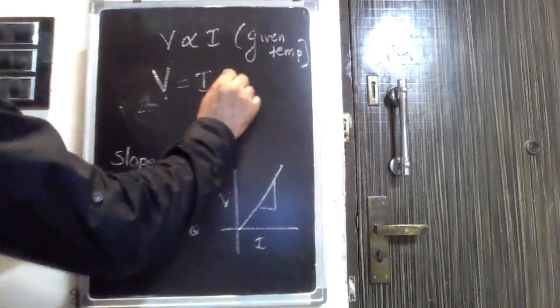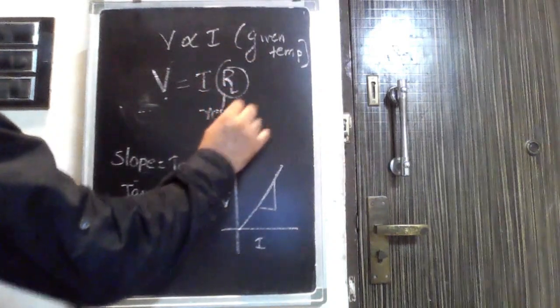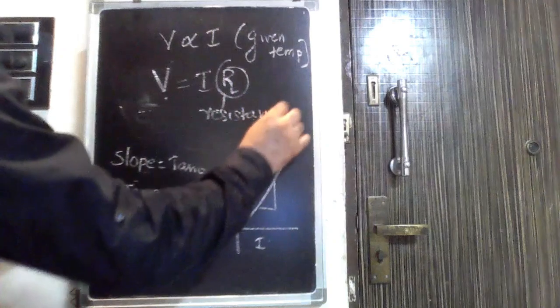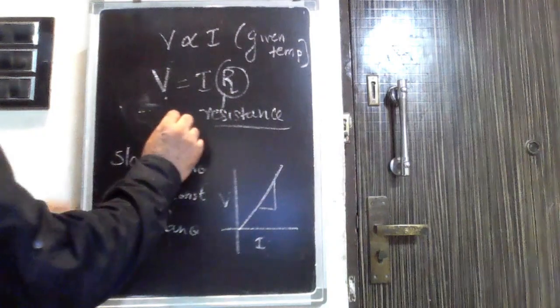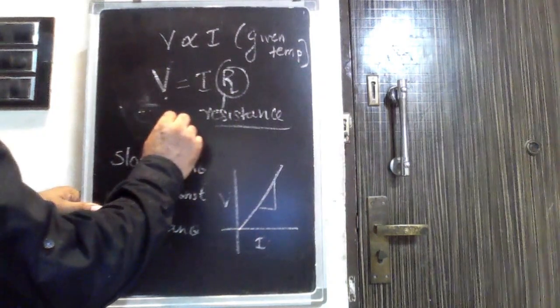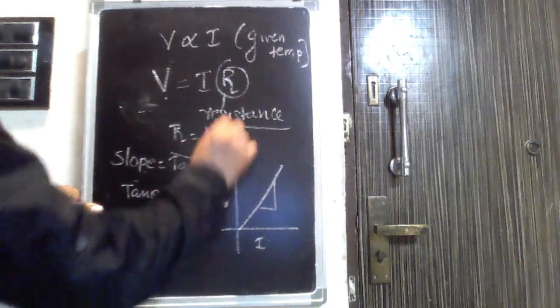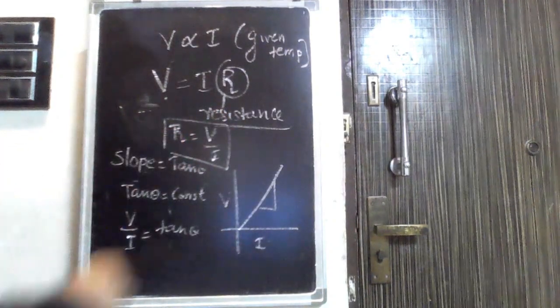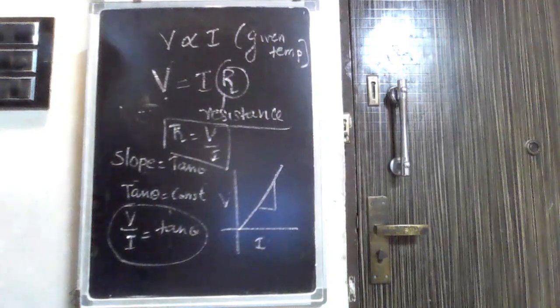Now this constant according to him is called R, and this is called the resistance of a given wire. So he said V and I are proportional, and V is equal to IR, or R will be equal to V by I. So he said this is constant because V by I in this slope is tan theta. It's a slope, it's a constant value.